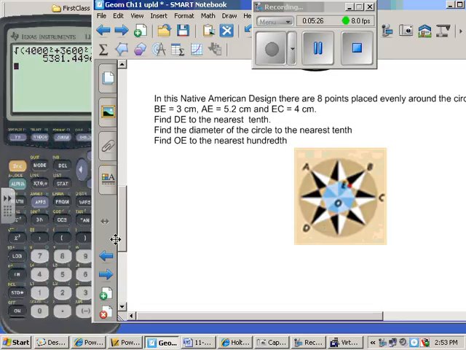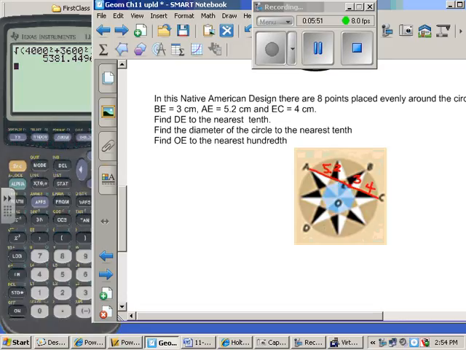You'll notice there's north, south, east, west, and then exactly in between each one. BE, this distance here, is 3. AE, from here to here, is 5.2. And EC, from here to here, is 4.